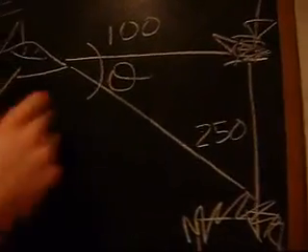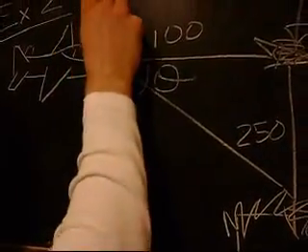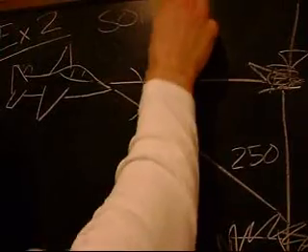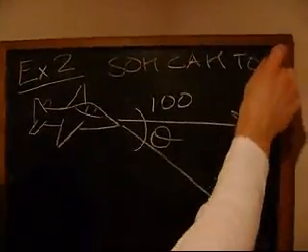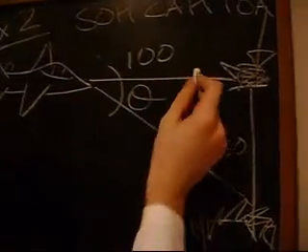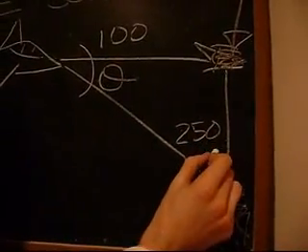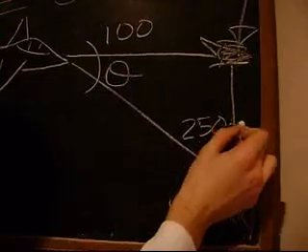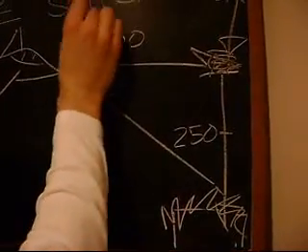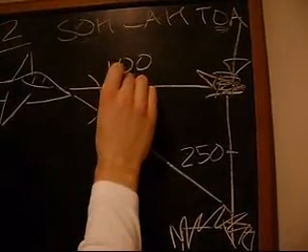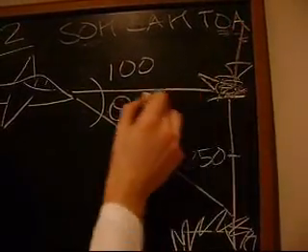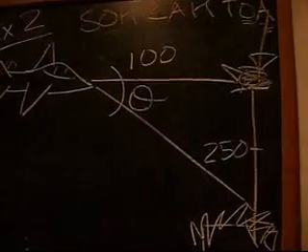So, remembering SOHCAHTOA, we see that we have the opposite side, and we also have the adjacent side to theta, meaning that we have to use the tangent law.